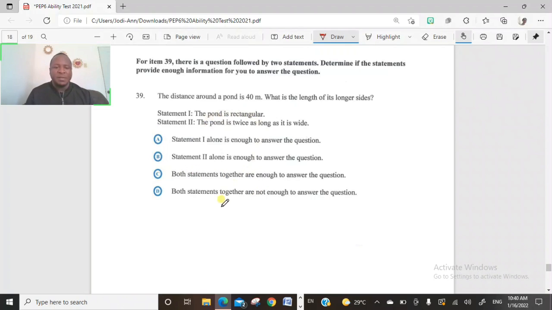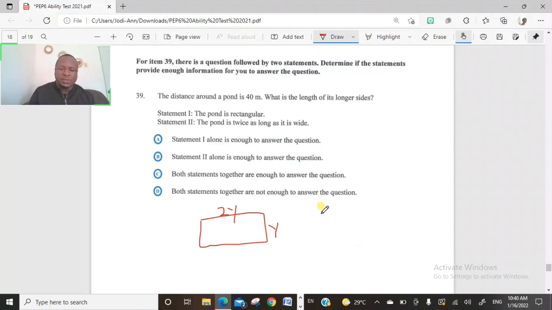Statement 1 reads the pond is rectangular. So we draw a rectangular pond right here. This is not drawn to scale, guys. Now it says the length is twice the width. So we can put the width as y and the length as 2y, because the length is twice the width.